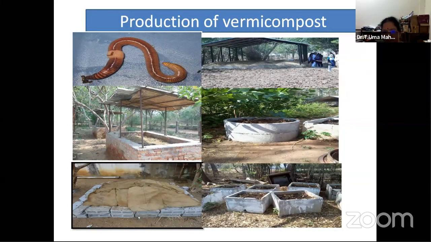Whatever waste material, like plastic tubs, cement tubs, or simple bricks, simple structures we can utilize. Even cement rings, which we get for about 100 or 300 rupees in the city, can be used. Depending upon the economy of the person or the availability of waste, we can go for the production of this vermicompost.